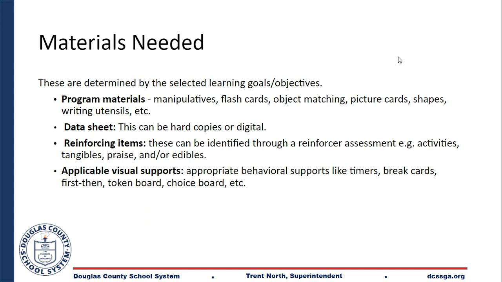This can be hard copies or digital, and we'll go over the data sheets more here in a minute. You'll need your reinforcers. These can be identified through a reinforcer assessment and can include preferred activities, tangibles, praise, and or edibles. And any applicable visual supports such as timers, first-then boards, choice boards, anything like that.